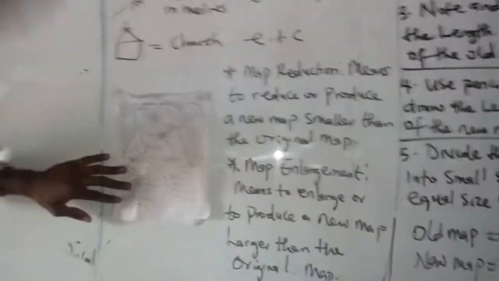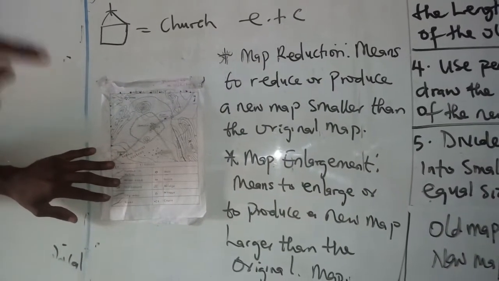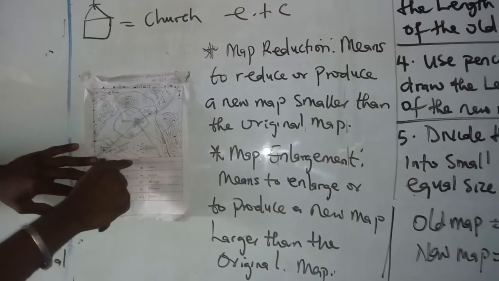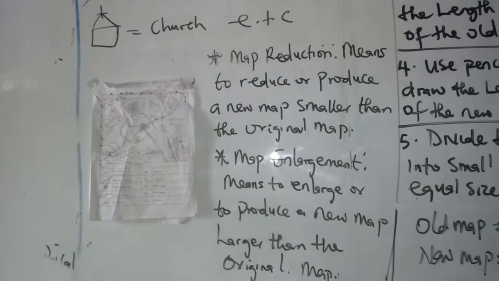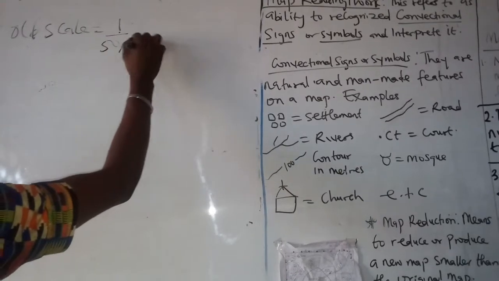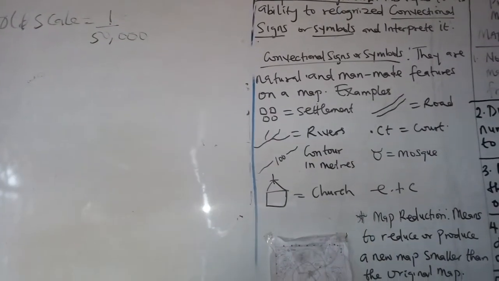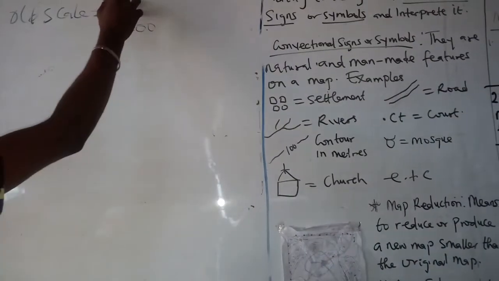So in this map, start to look for the scale in representative fraction, which is a scale that appears in ratio. Look at it here, 1:50,000. So you now come here and say the old scale is 1:50,000. And what the examiner asks you is that you should reproduce the map by half.